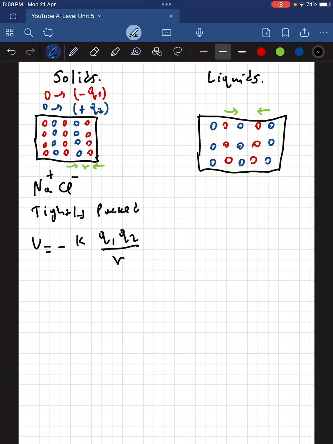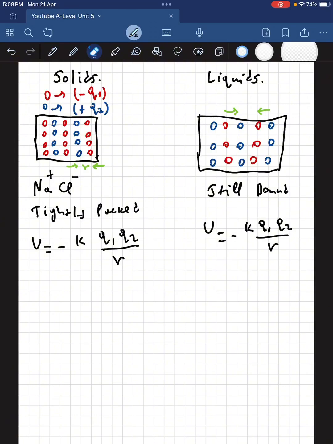So in a liquid it's still bound, and V is also -kQ1Q2/R. But since R is larger than the R for the solids, the electric potential energy is still negative but smaller in magnitude.